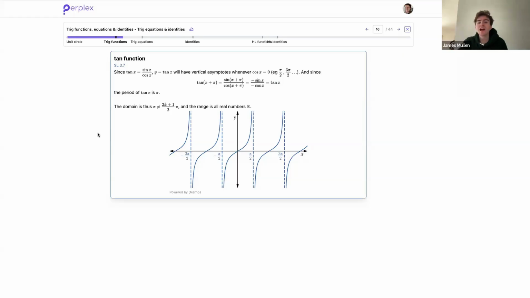And when I say period, I mean what's the smallest x I have to go across for the function to repeat its behavior again. So every time I go across by pi, I'm going to be at exactly the same place no matter where I started.